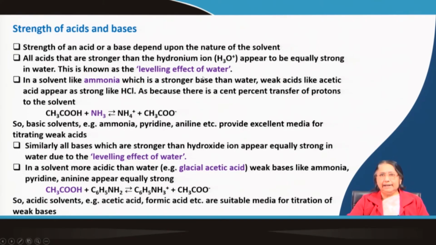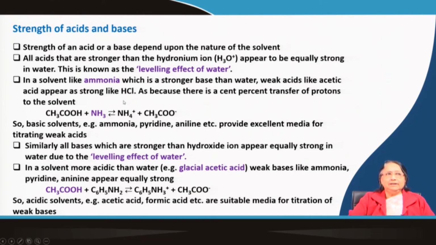So, HCl, HNO3 and perchloric acid will all appear the same. This is called the leveling effect in water, because all of them are stronger than the hydronium ion. Everything is leveled off by the water molecule. In a solvent like ammonia, which is a stronger base than water, weak acids like acetic acid appear as strong as HCl.